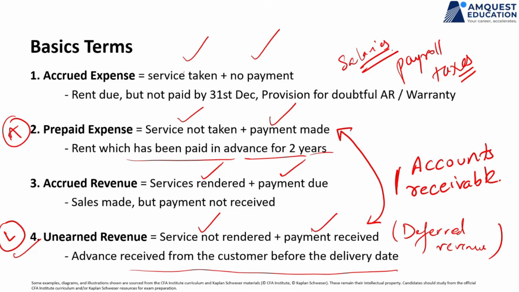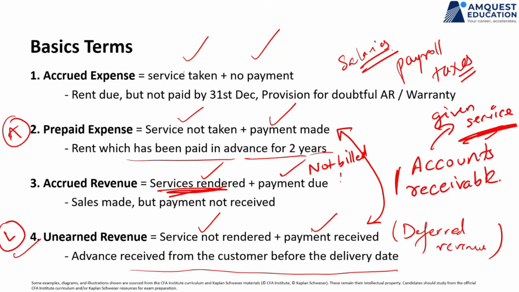In this also, you have given the services. So in both cases, services are rendered. Then what is the difference? In accrued revenue, you have not yet billed the customer.